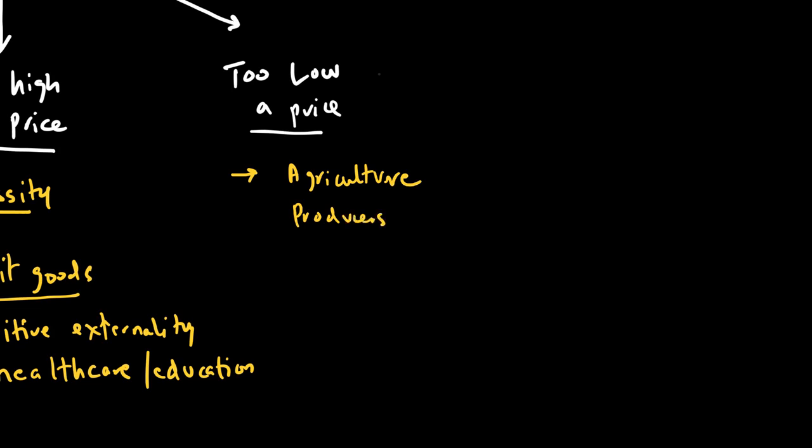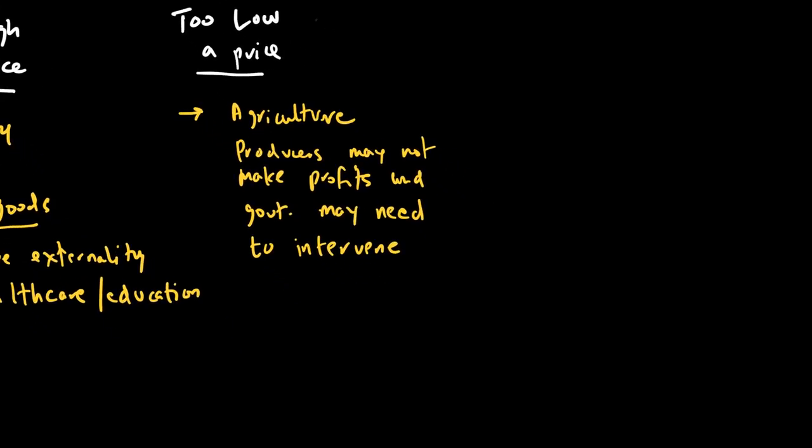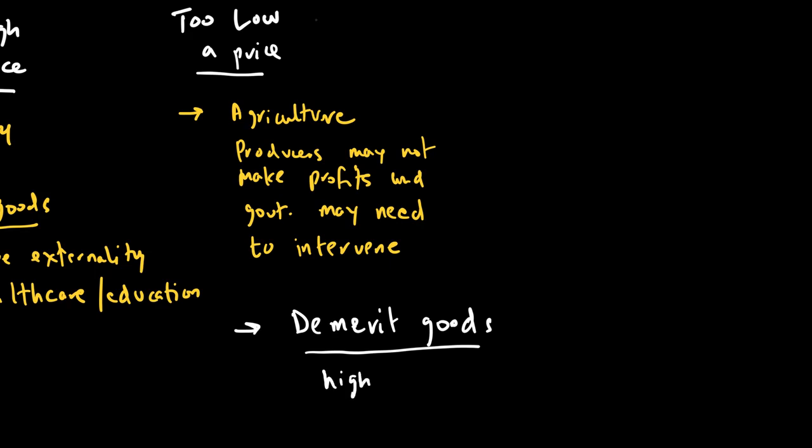So producers may not make profits, and government may need to intervene. More importantly, sometimes too low a price could lead to overconsumption. A good example of this could be demerit goods. In the case of demerit goods, too low a price leads to higher consumption, which can be bad for society.